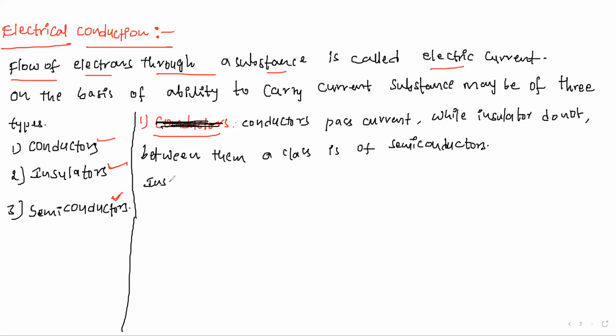Insulators are also called bad conductors. And now the types of conductors: the first heading is metallic conductors.